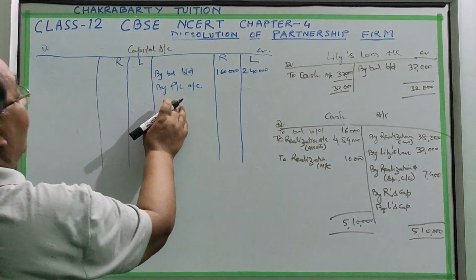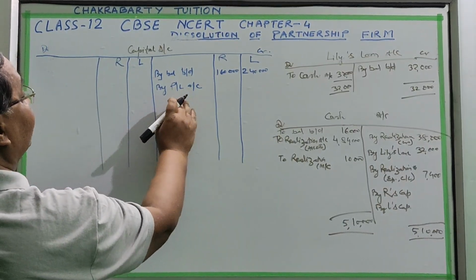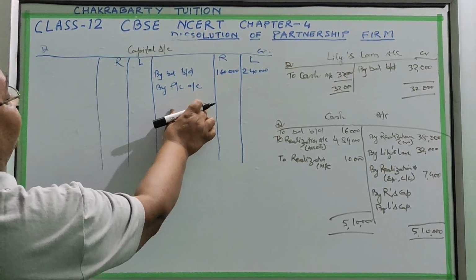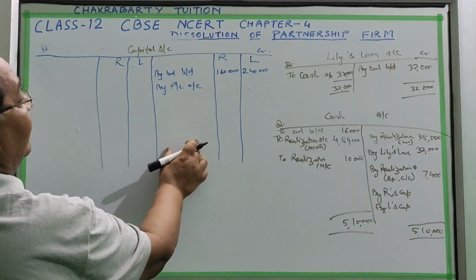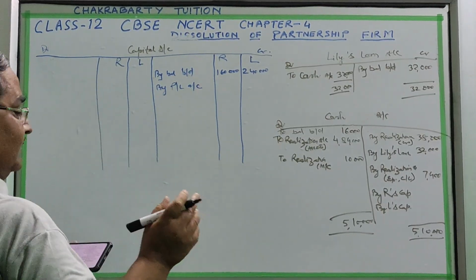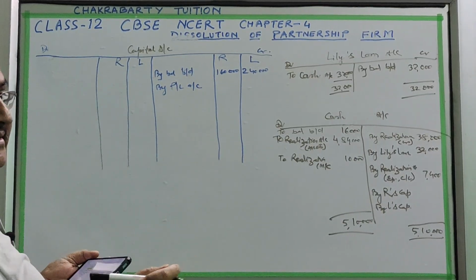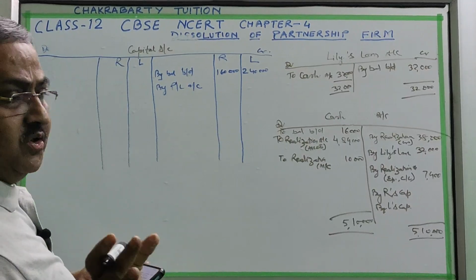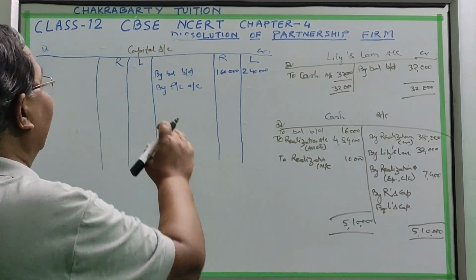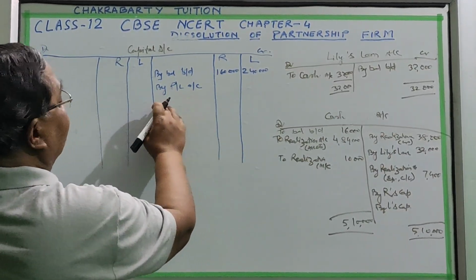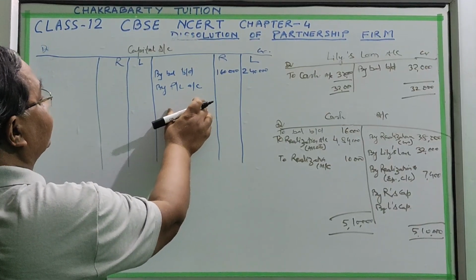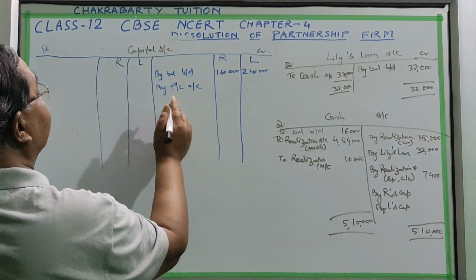Any general reserve or reserve fund also comes here. Fluctuation fund and workman fund I will tell later on. But the general reserve, free reserve, comes here.